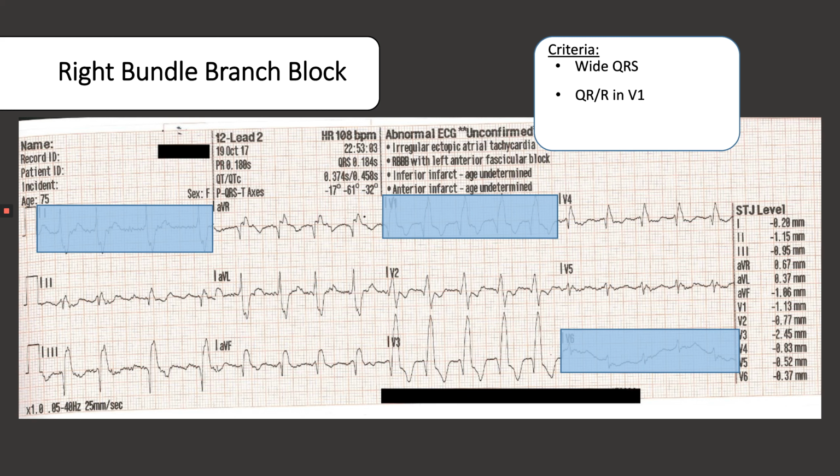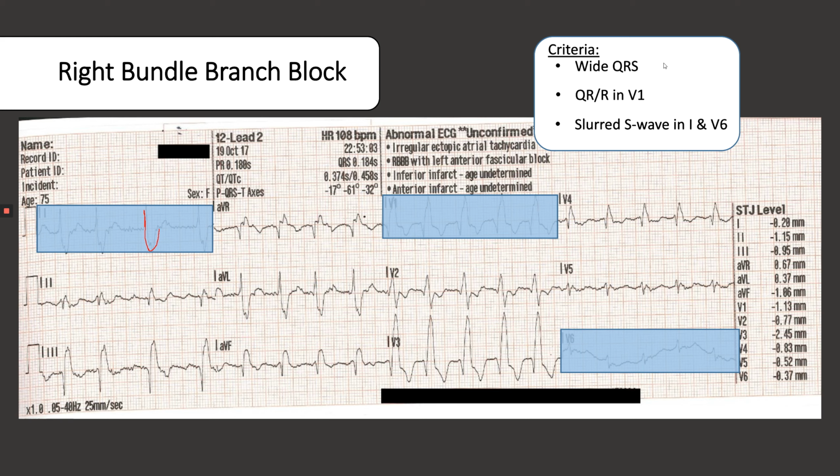If you really want to lock this in, I'm also going to look for slurred S waves in 1 and V6. Now, a slurred S wave is usually an R wave first, and then we have an S wave, and the S wave is going to take its time coming back up.